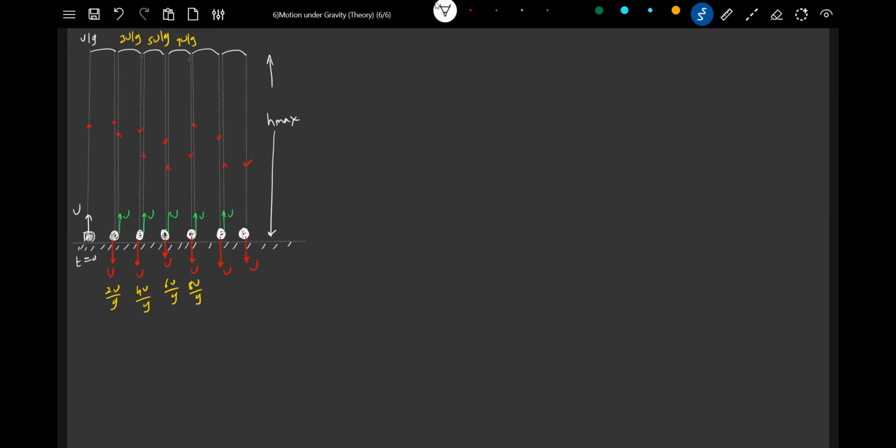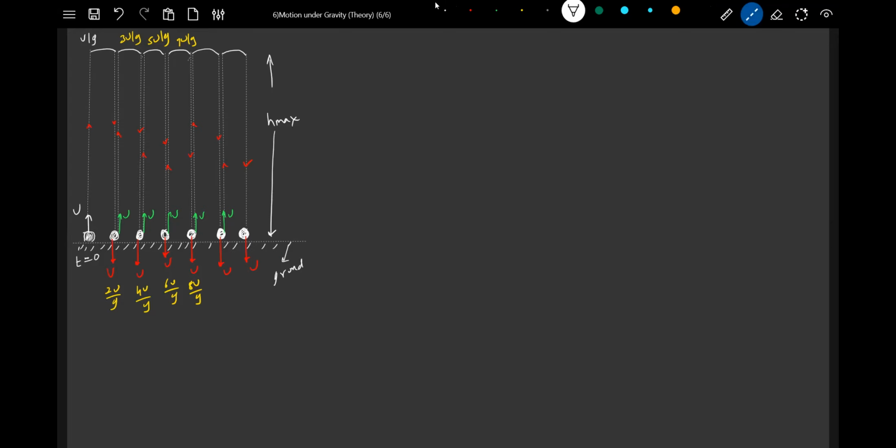Let's plot the graphs. I'm interested in the speed versus time graph, the velocity versus time graph, and also the position versus time graph. I'm going to project it from the ground. Okay, this is the ground.